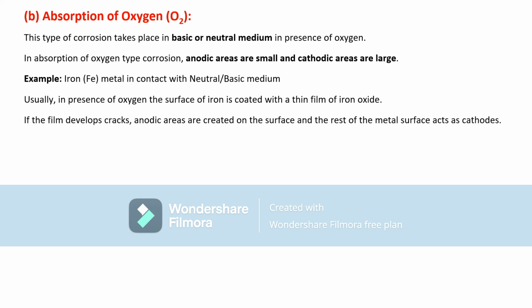In that gap, the iron metal can act as anode. The small crack or break can act as anode. Therefore, overall we can understand that in absorption of oxygen type corrosion, anodic areas are small and cathodic areas are large.